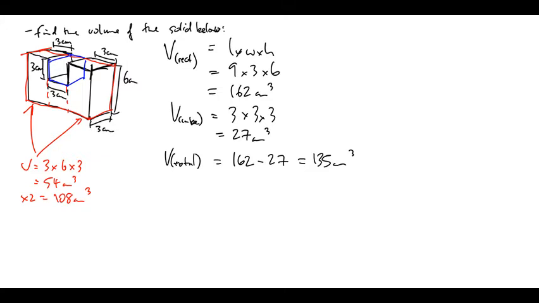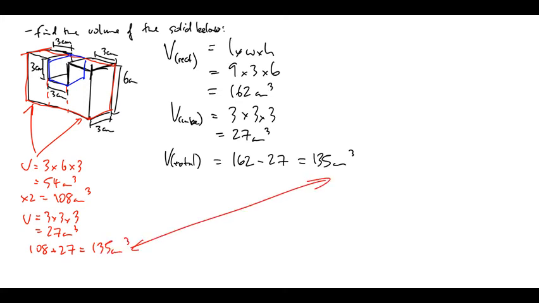Then the volume of the cube, as before, is 3 by 3 by 3, which is 27 cubic centimeters. 108 plus 27 is also 135 cubic centimeters. So as you can see, you can do it both ways. Whichever you prefer is fine.